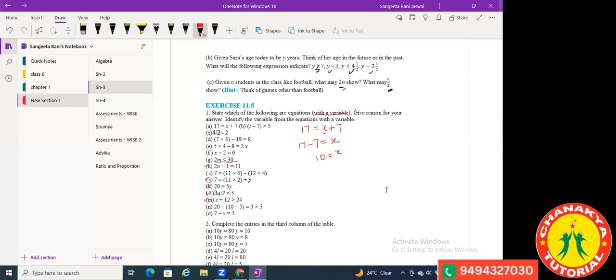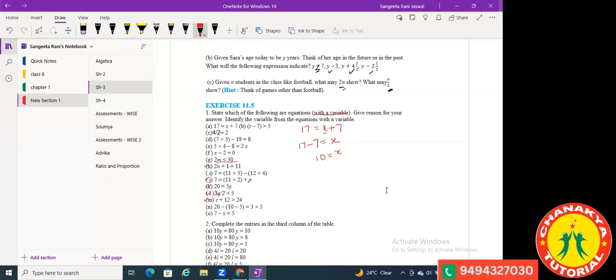Yes or no? Can you see any equal to sign there? No, ma'am. It's not an equation. This is not an equation, okay? Because there is no equal to sign.